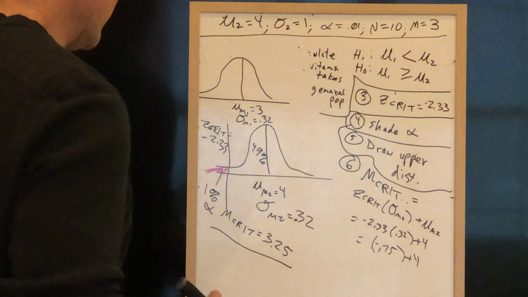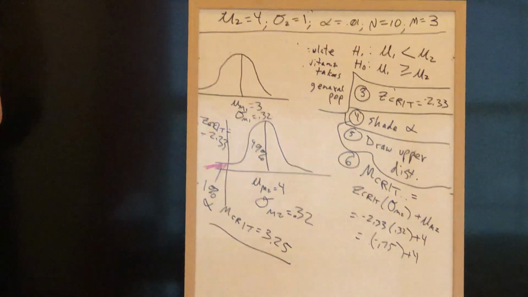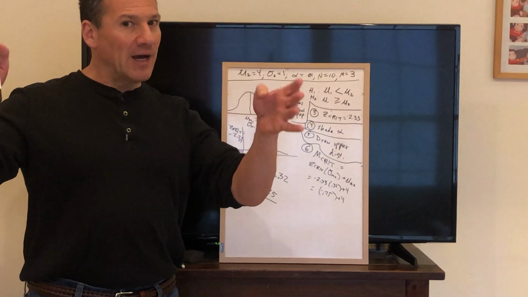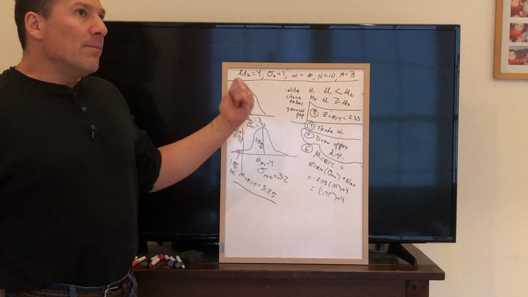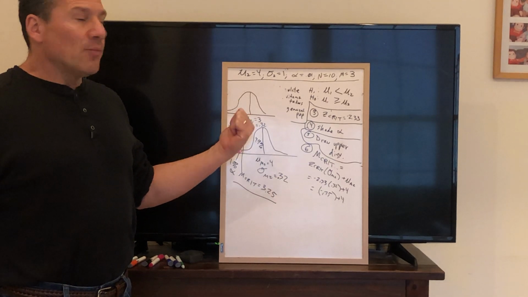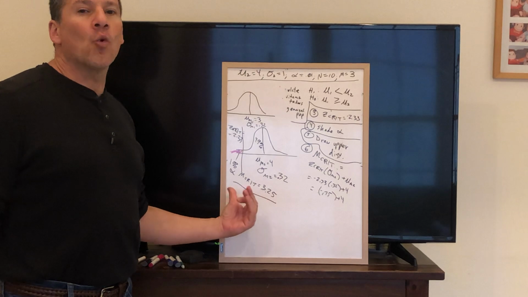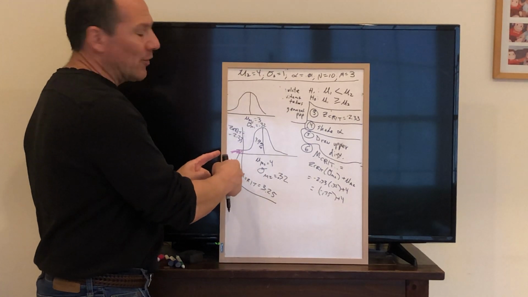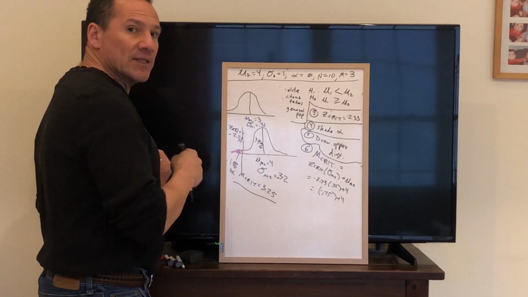Okay, let's think about what that means. The M critical is 3.25. That means if I were going to carry out the hypothesis test, which I'm not, but if I were going to, the mean representing my special population would have to be 3.25 or less, which would correspond to a z-score on this lower distribution of negative 2.33 or less.